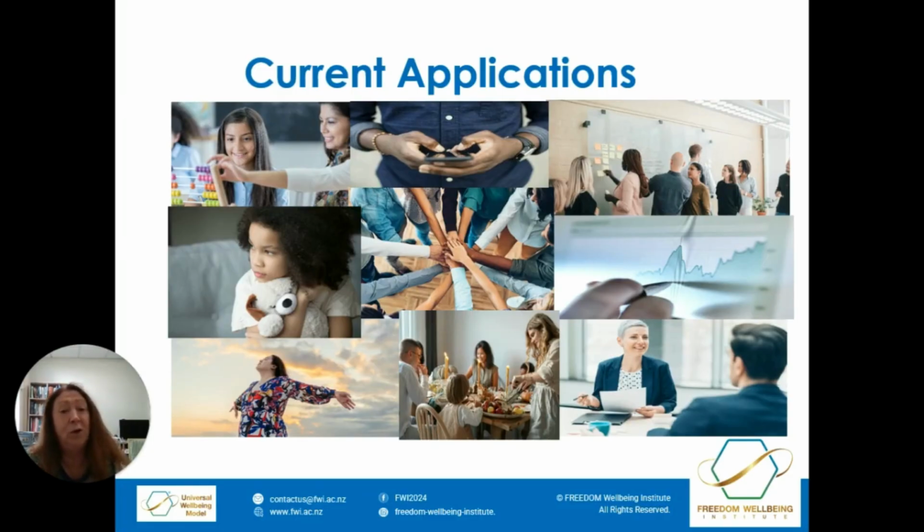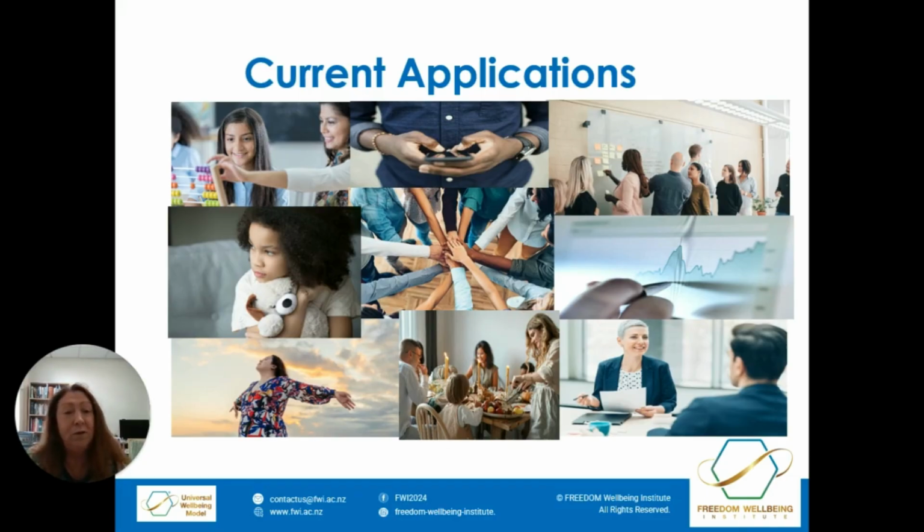It's also being used by businesses to increase profit and productivity by supporting workplace well-being, to help people really understand how well-being works, what their well-being status might be as an individual or in a team or across an organisation, and also to understand at the most advanced level how our own behaviour might be impacting the well-being of others.